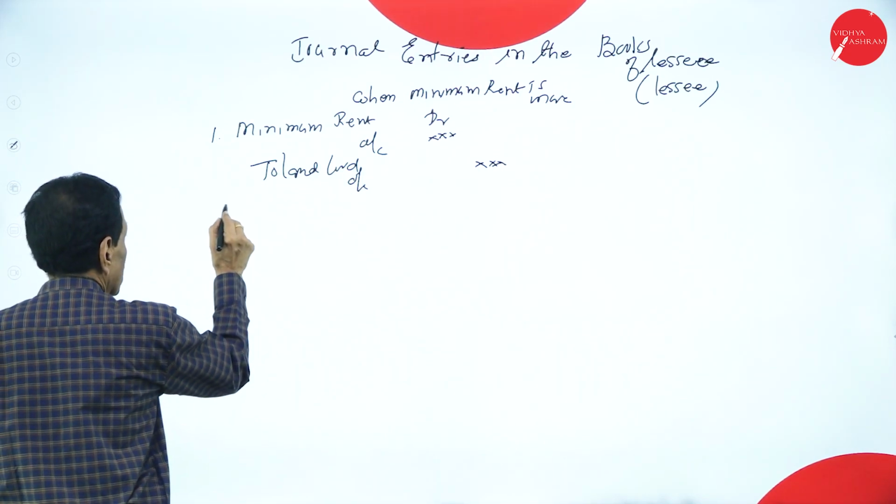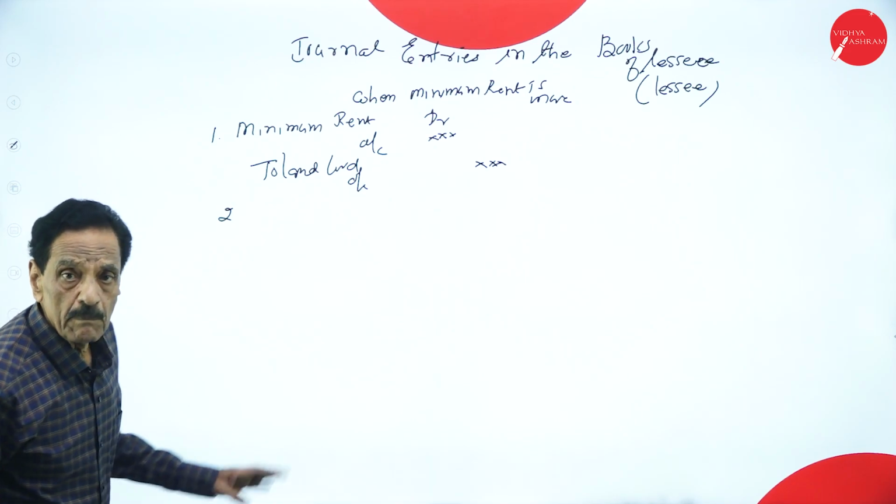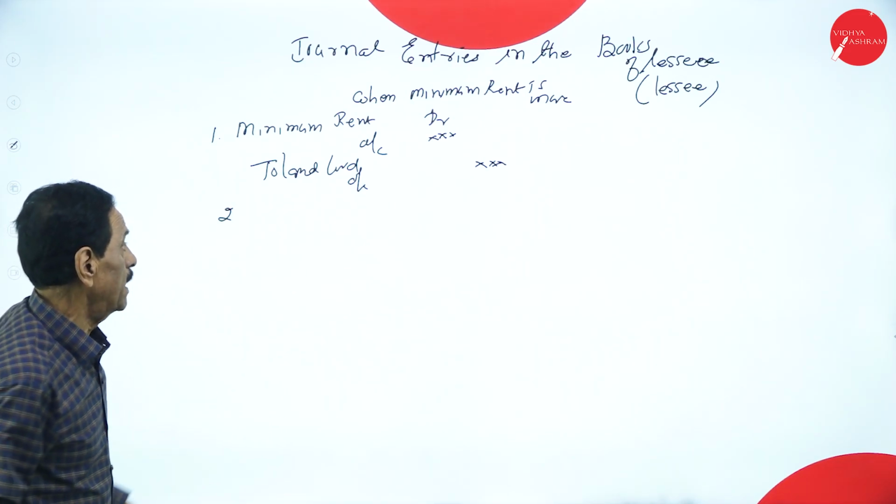What is the first entry? Minimum rent account debtor to landlord account.